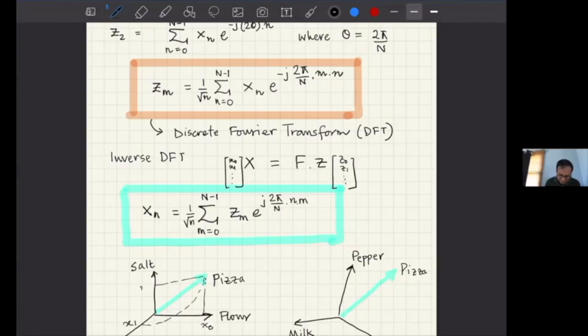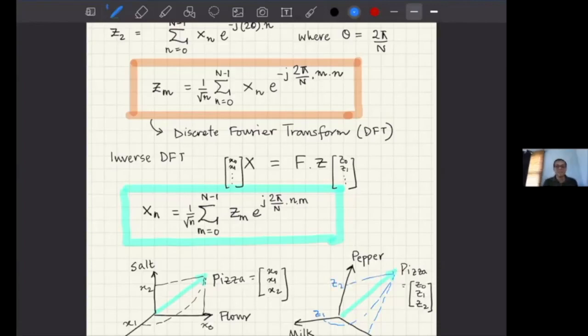The amount of salt that you need, let's call that x2. The pizza in this domain is essentially x0, x1, x2, where x0 represents the amount of flour you need. Whereas the pizza in this other domain, which is z0, z1, z2, corresponds to the amount of bread, which is z0, the amount of milk, which is z1, the amount of pepper, which is z2. That's the amounts that you need in this other basis. Nonetheless, both of them are pizzas.